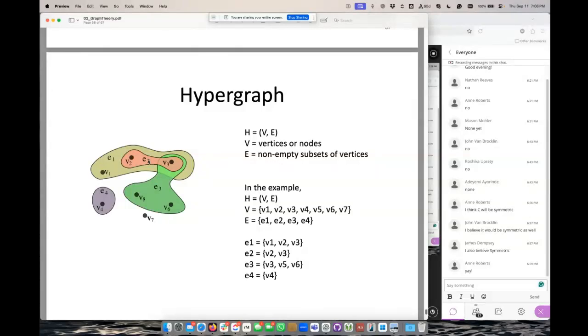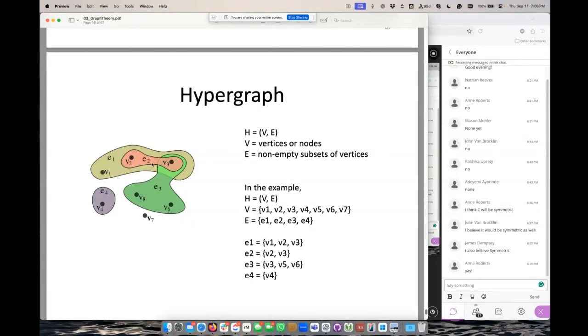You certainly can have an edge with just two individuals, like E2, where you have V2 and V3. E3 is another edge that connects V3, V5, V6, right? And then you can also consider another type of relationship where the individual V4 is in this relationship, right? So you can also have one individual in the edge set, right? V7 is not connected, so that's a separate isolated node, right?